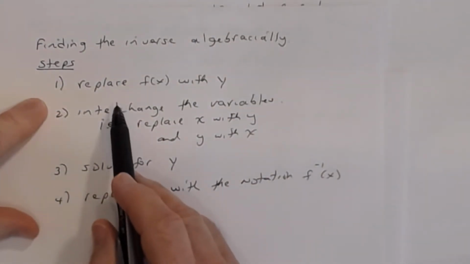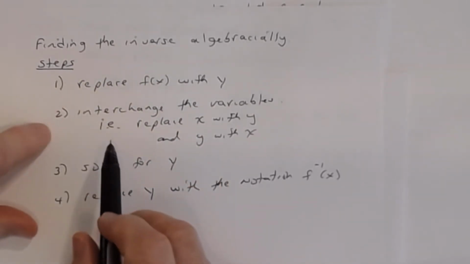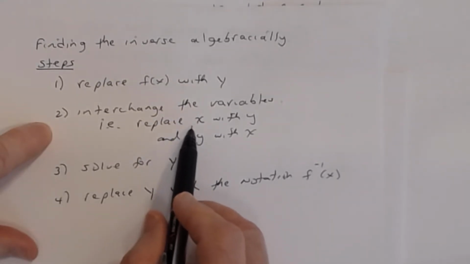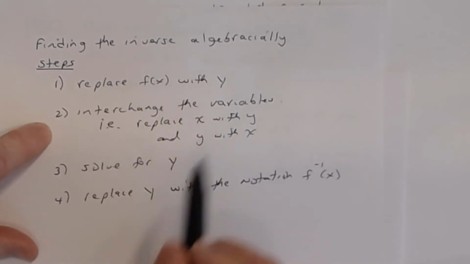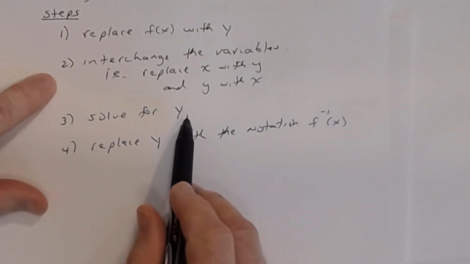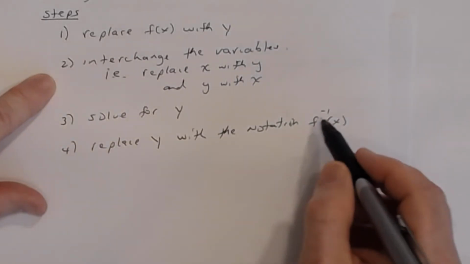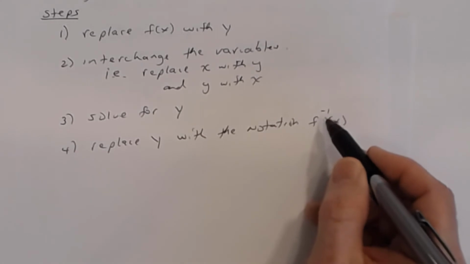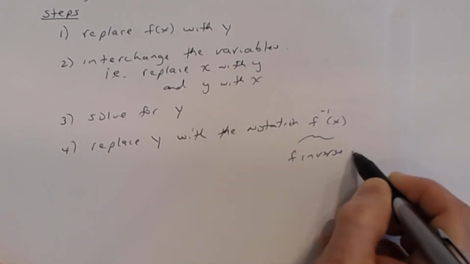Step 1, you're going to replace f of x with y. Step 2, you're going to interchange the variables. So where we see an x, you replace with y. Where we see a y, you replace with x. Then you solve for y, and then you replace y with this notation. Now, this notation does not mean f to the negative 1 power. This is read as f inverse of x.